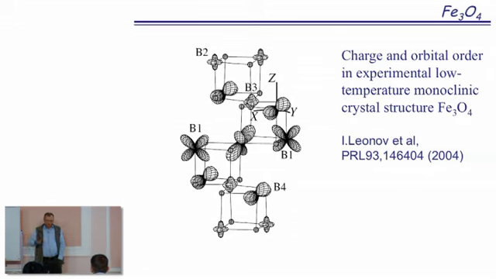So the general occupancy of the states is not so strongly ordered. The difference for the t2g shell, which is partially filled, is already larger. It is already 0.3. It is still far from 1. So the LDA+U method allowed us to reproduce the experimentally observed charge and orbital order in this material.